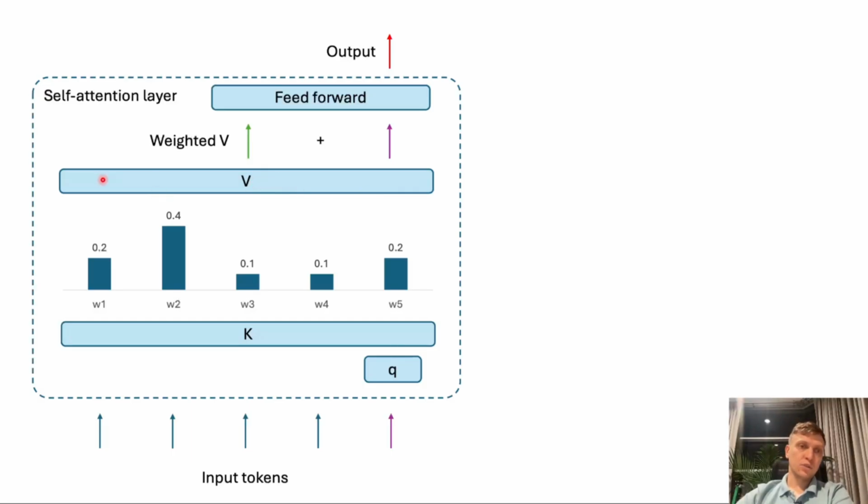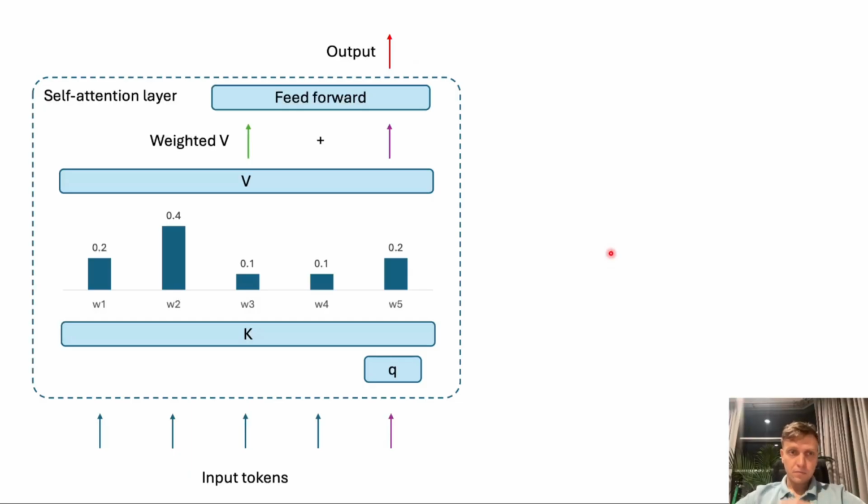And then we average all these values using the weights that we just computed and generate some weighted vector v. Then we combine this vector with the original vector for which we make the prediction, put it through the feed-forward network, and get the output. Of course, I simplified a lot of things. There are also a couple of skip connections here. But the idea is like this.